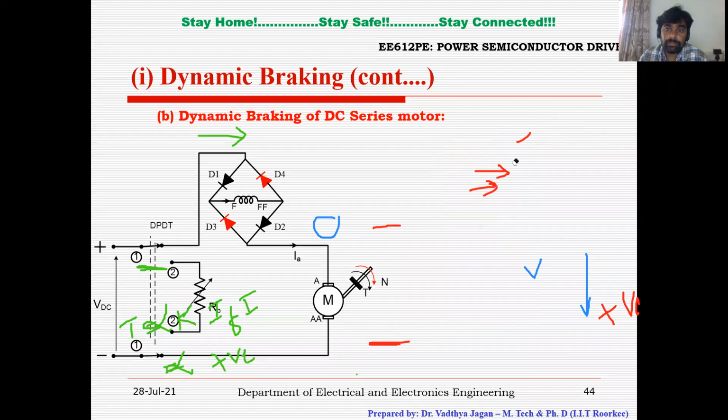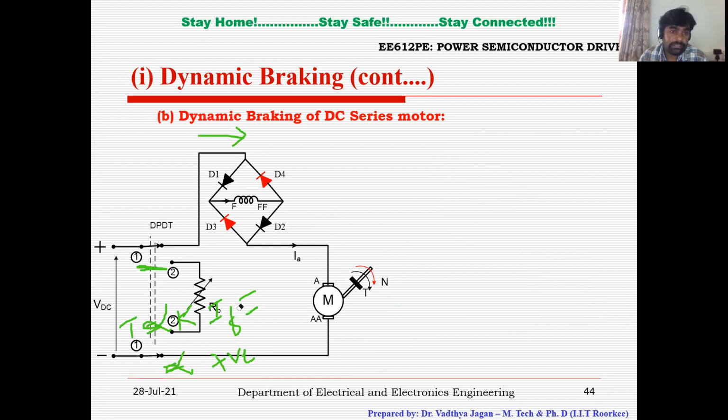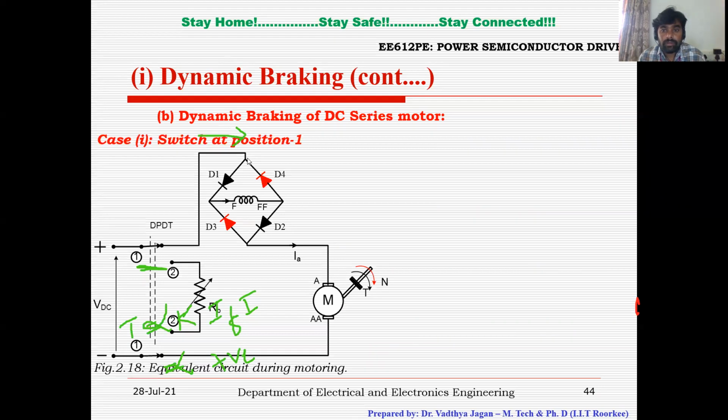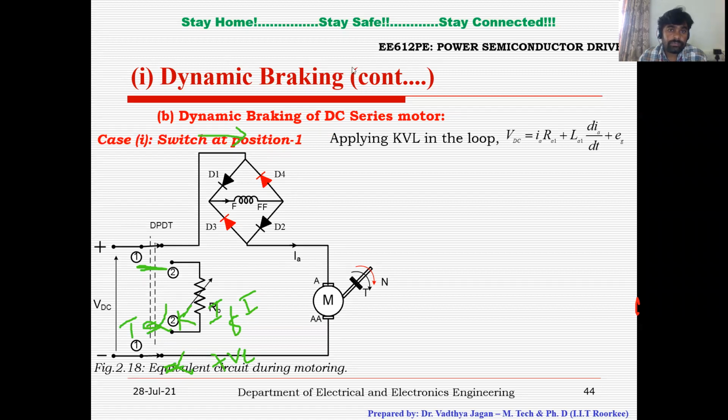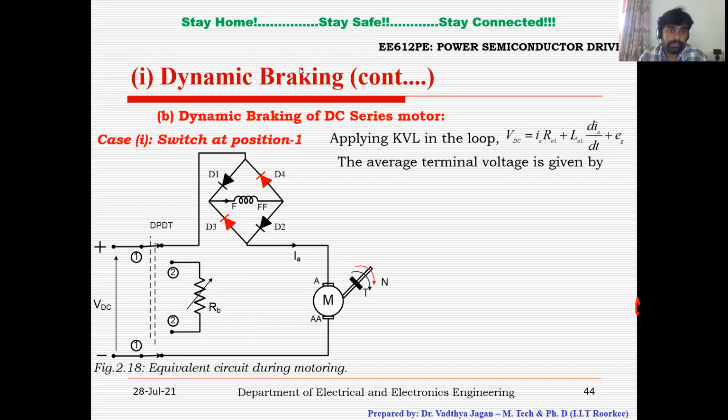Let us see the speed torque characteristics of a DC series motor. This is the electrical equivalent circuit. Now you can see the switch is moved to position number one, where D1, D2 will conduct, right? And you can apply KVL in this loop.